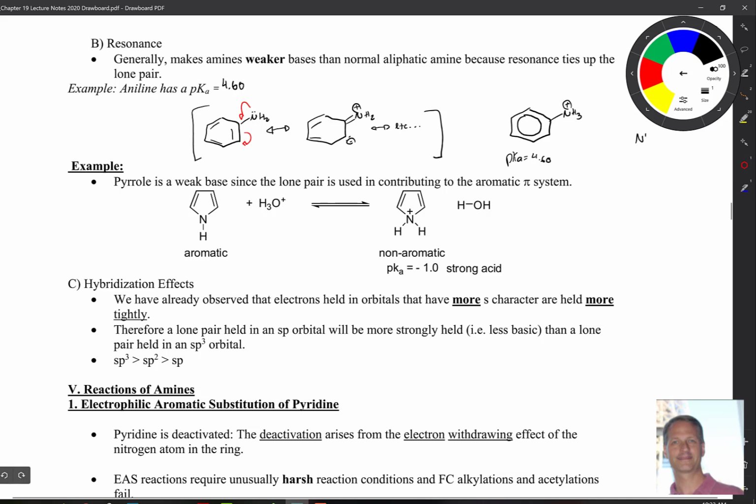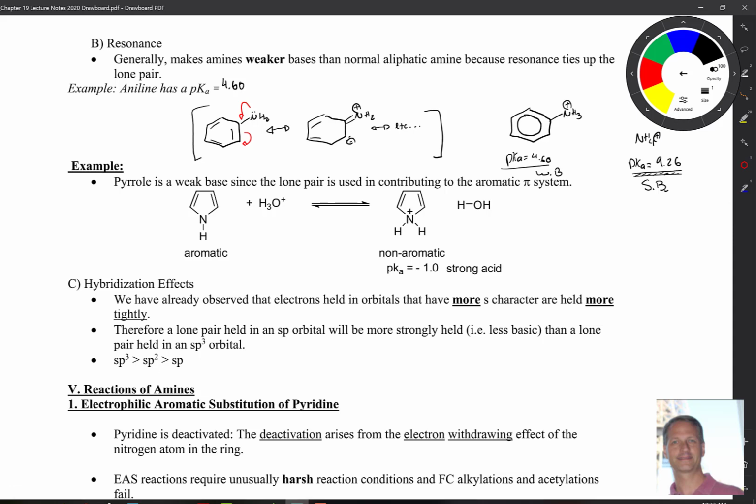If we compare that to NH4 plus, that had a pKa equal to about 9.26, call it 9.3. So when we compare our pKa's to each other, this higher pKa means that we are a weaker acid and a stronger base. So this is a stronger base, and this is a weaker base.